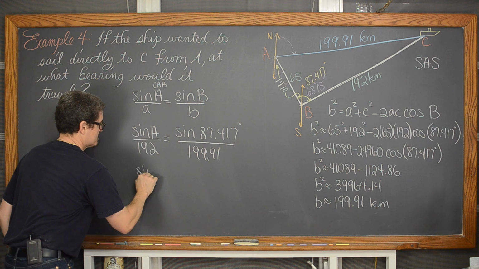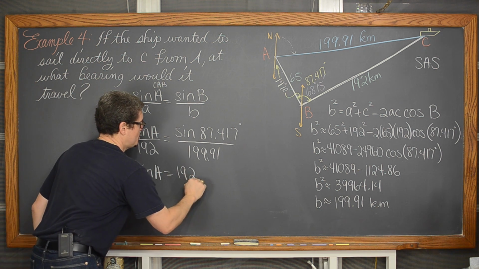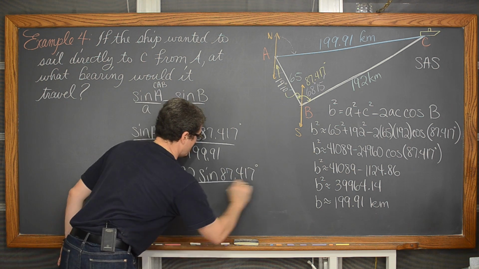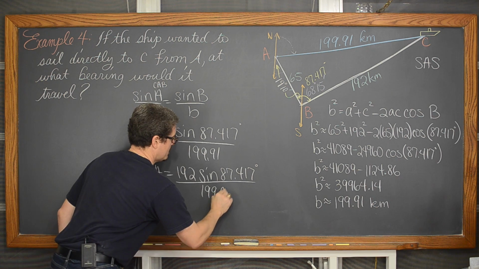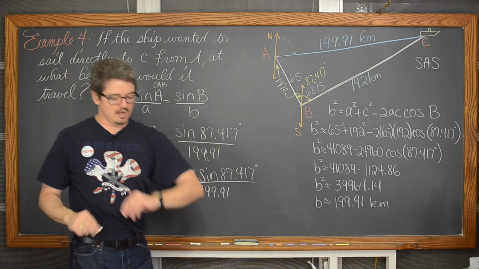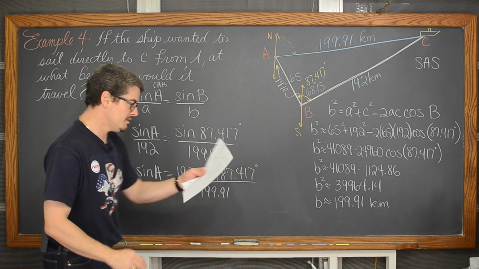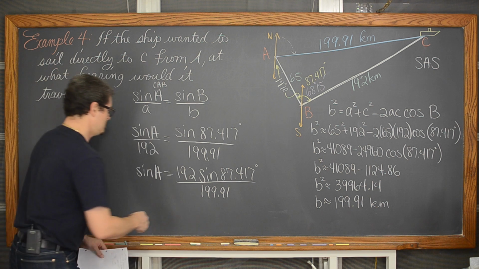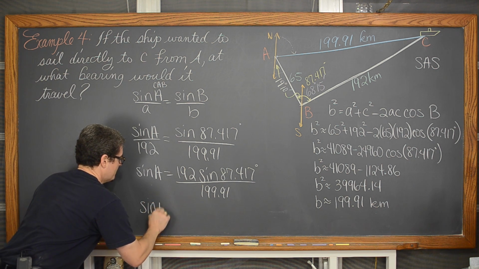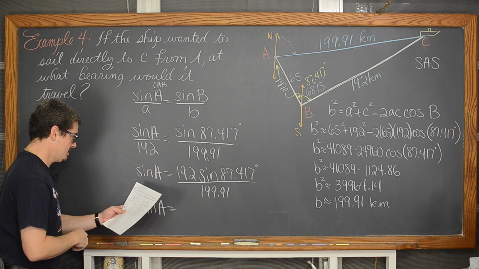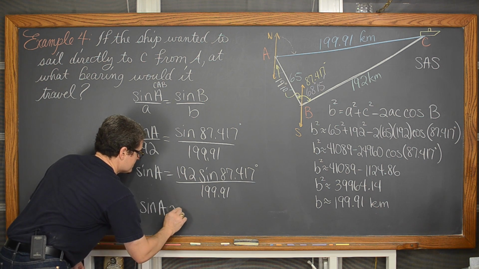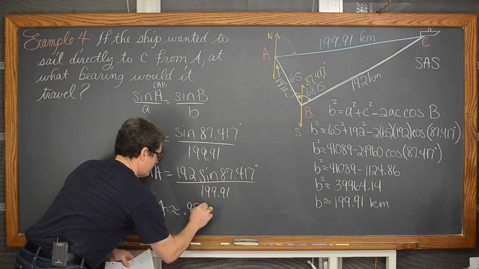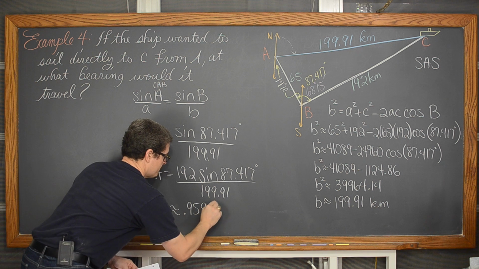We're looking for angle A, so we need to get the 192 away from this trig function. So now we have the sine of A is equal to 192 times the sine of 87.417 degrees all over 199.91. And we're going to get that into our calculator, and that is approximately equal to 0.95946.